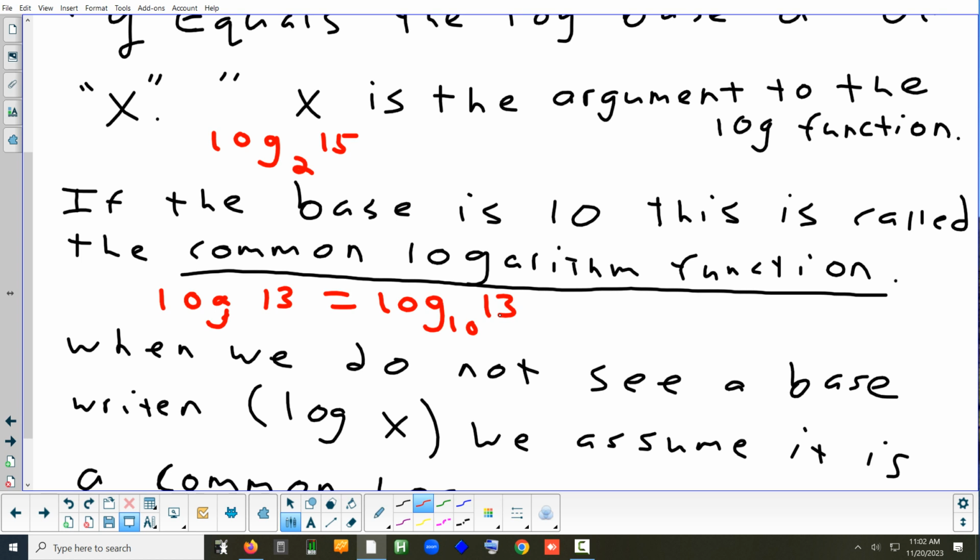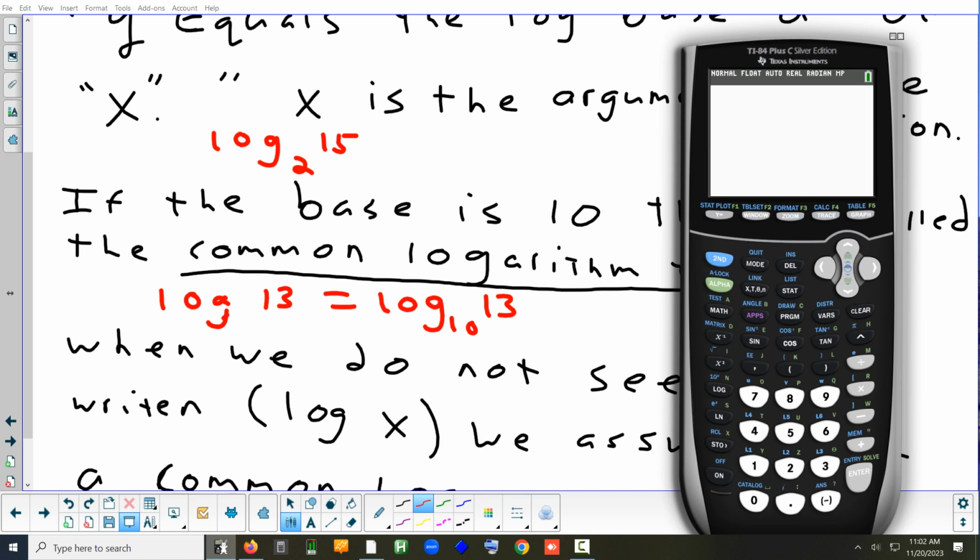And it is one of two logs that you can do on the calculator. So if you look on the left-hand side, right next to the 7, there's a button that says log. And you can press it. And when you do it, you can put in a number. Notice there's no base here. It just says log of 13. The base is assumed to be 10.